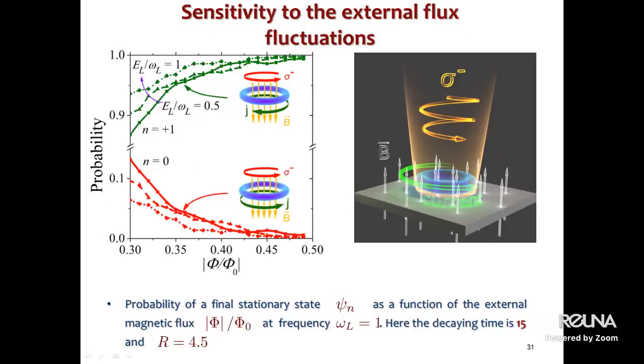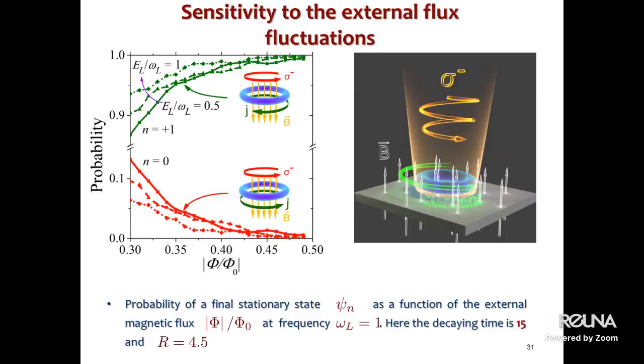Next, we demonstrate the sensitivity of the switching effects to external flux fluctuations. Here I present the influence of the amplitude of the applied DC magnetic field, or DC magnetic flux, on the probability.